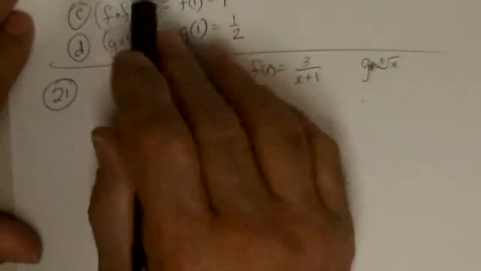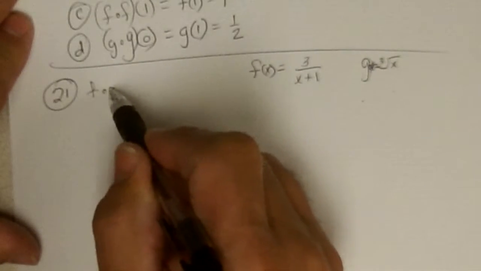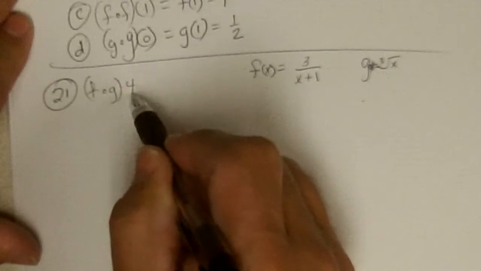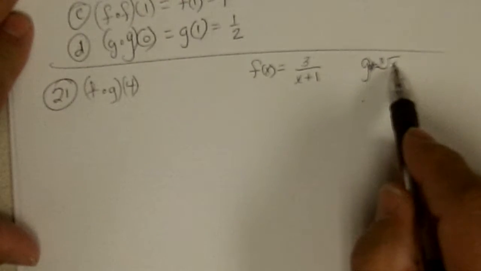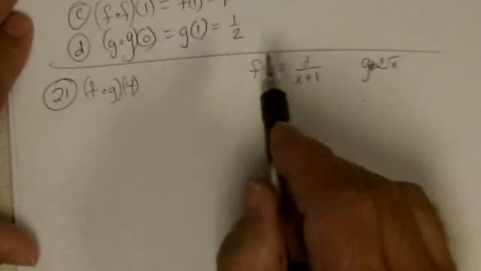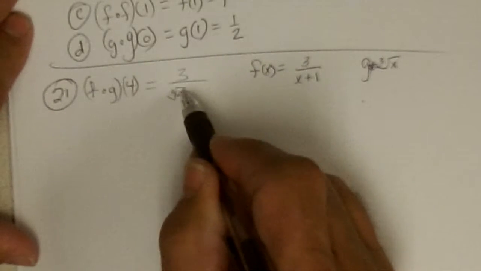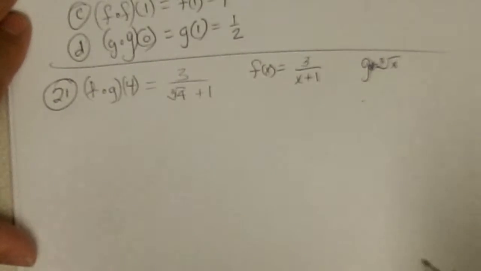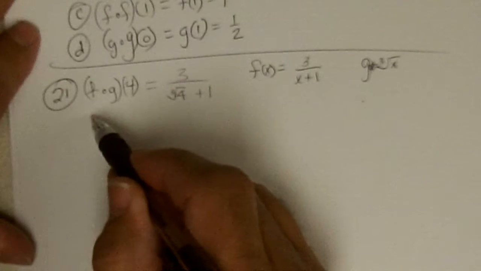So if we put 4 into g, we get the cube root of 4. Then we put that in place of the x, we're just going to get 3 over the cube root of 4 plus 1. I'm not going to worry about simplifying.